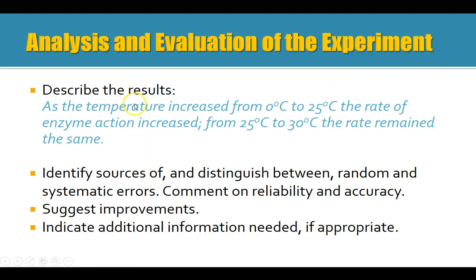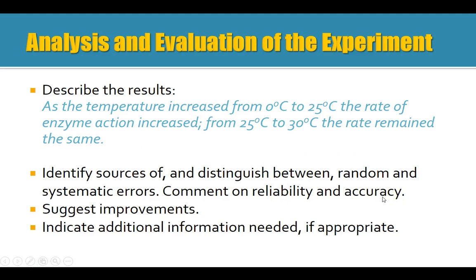Then after you've described the results, you need to explain why we see the pattern of results that we do. Once you've done that, you then need to identify random and systematic errors, and you need to comment on the reliability and accuracy of your experimental data. Is it reliable? What's the scatter like on the graphs?